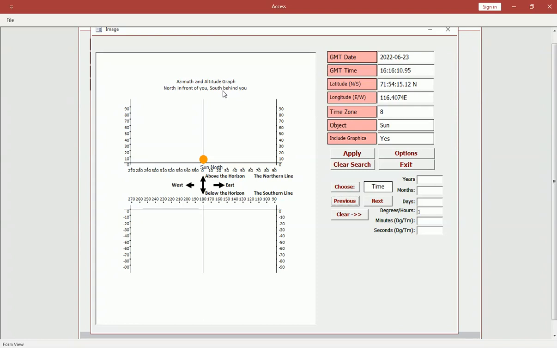However, noon in the North Pole is to the south. Noon in the South Pole is to the north. Midnight point in the North Pole is to the north. Midnight point in the South Pole is to the south. So the circle, the movement of the sun, starts in the North Pole from low north to high south.